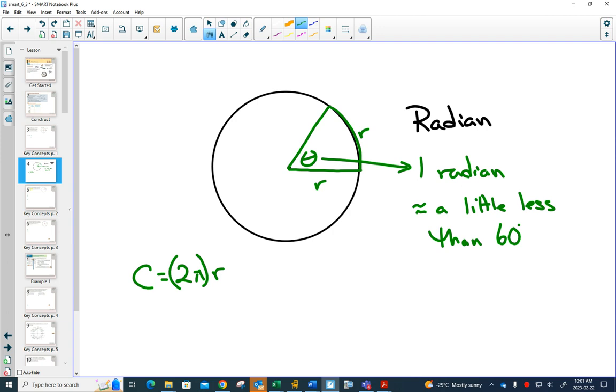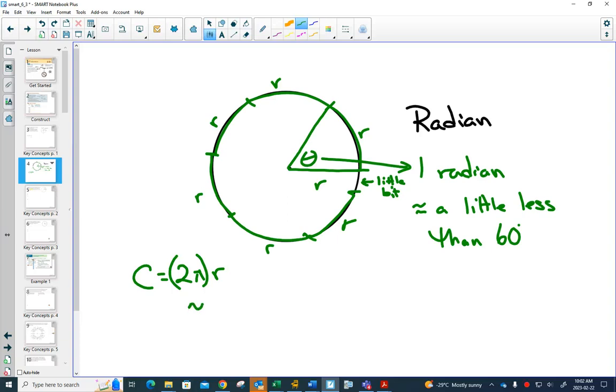So if my circumference is 6.28 r, check this out. I have measured with 1 radian, 1 radius. I could measure another radius, another radius, another radius, another radius, another radius, and then there's a little bit left over. If we count how many radiuses there would be, there's 6 and a little bit when we draw it out.